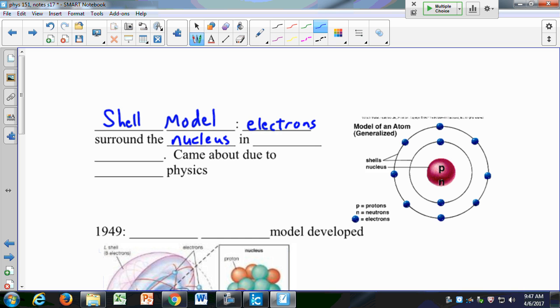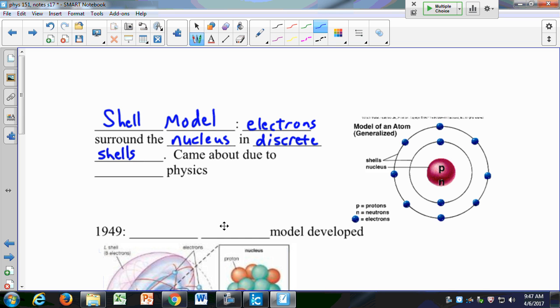This wasn't really encapsulated in the planetary model. In the planetary model, your electrons just sort of move around, kind of like the planets do. But in this model, they have these discrete shells. So you have a place where you can have electrons here, and you have a place where you can have electrons here, but your electron cannot be here. That's not allowed. It's not an allowable position for the electron.